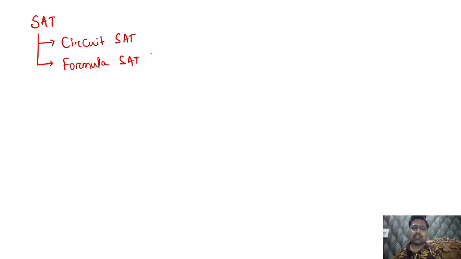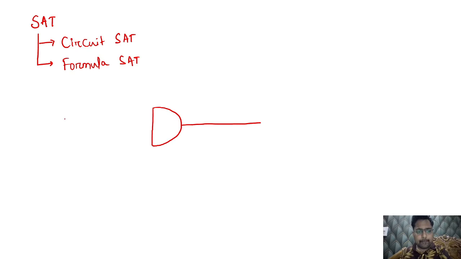In general, we can say it is just SAT for us. As for the Cormen book, it is clearly mentioned. For circuit SAT, a circuit will be given to us, like I think you have seen in your digital logic. I'm just doing the same thing again to give you the proper idea. These are the combinational circuits, as we sometimes say.